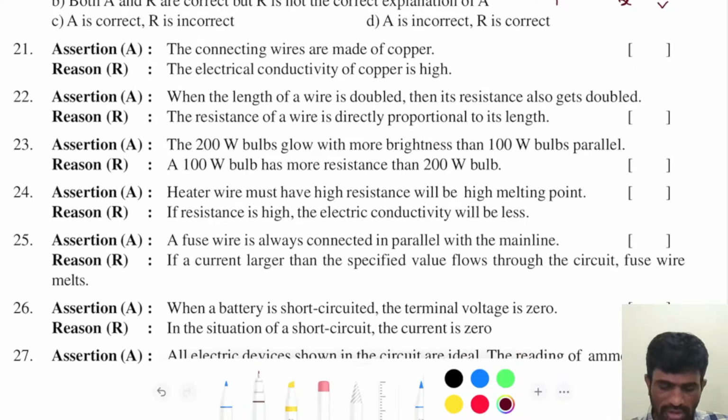The electrical conductivity of copper is high. Both are true. Conducting wires being made of copper is true, and because it has high conductivity is also true. So assertion is true, reason is true, and reason is the correct explanation of assertion.